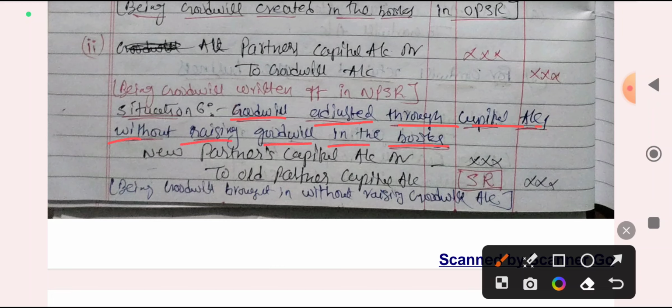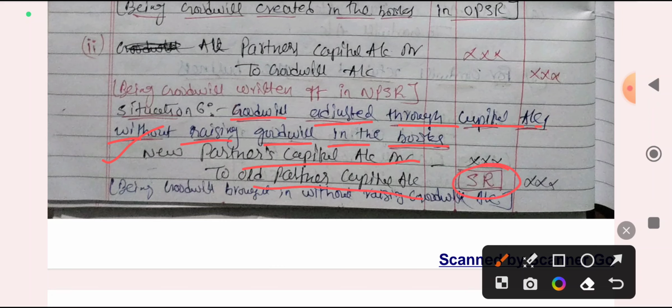Goodwill को रेज करे, राइट ऑफ करना पड़ता, right? Instead of that, what they are saying, don't record the goodwill name in the books, but get the goodwill into the books. So for that purpose, new partner's capital account will be debited, old partners' capital accounts will be credited.